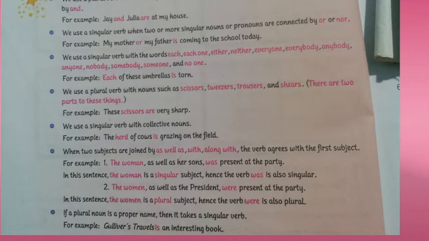Here, with each, the verb must be in singular. So each of these umbrellas is torn. Let's take another example. Every man and woman was filled with joy.